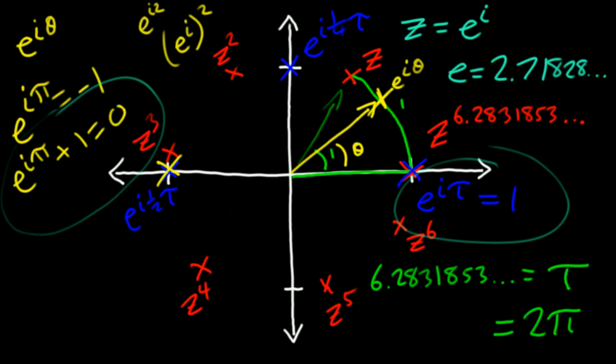Now, if you look through the literature, the digital signal processing literature, or really any literature of any subject that studies periodic phenomena, you'll see all sorts of equations with terms that look like this: e to the i 2 pi ft, stuff like that. And it might look scary at first, but keep this in mind.